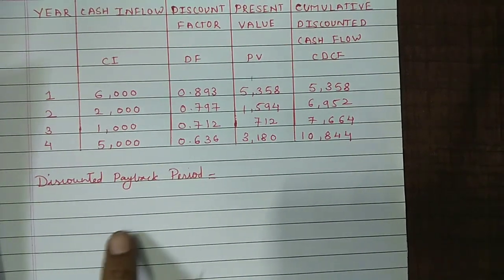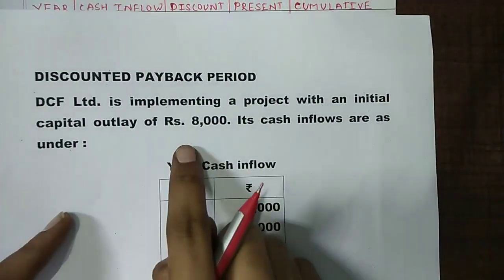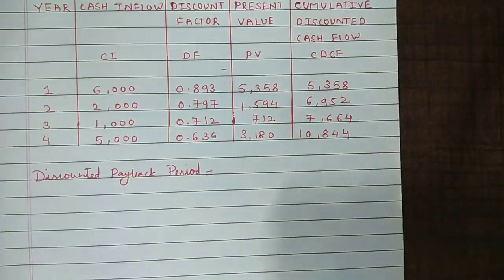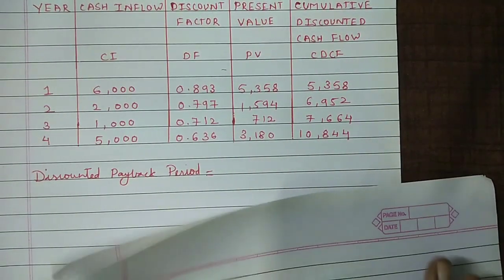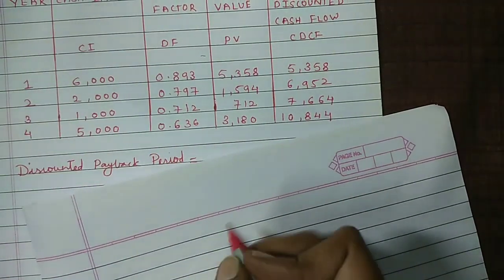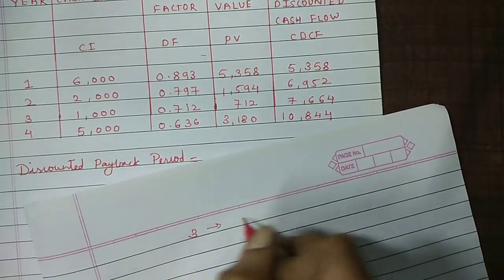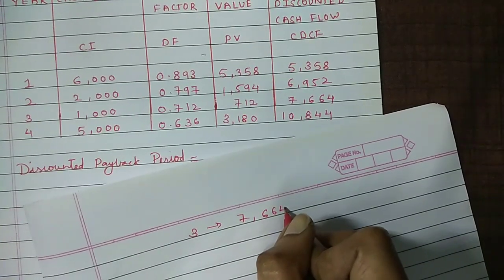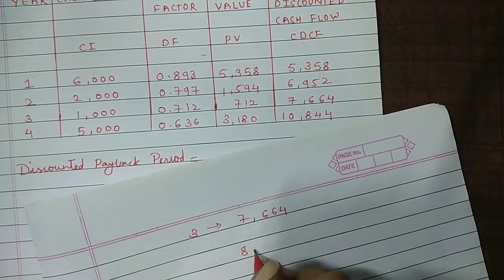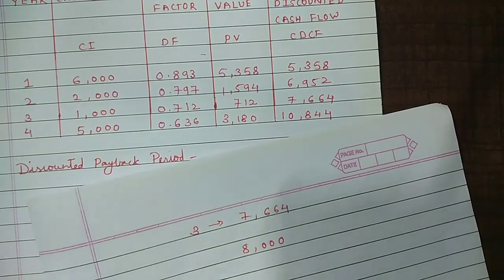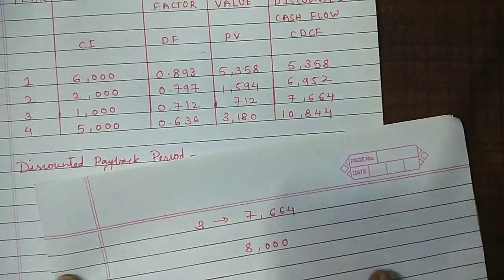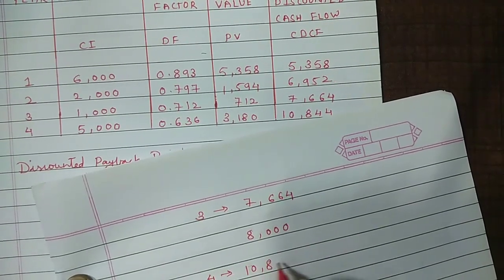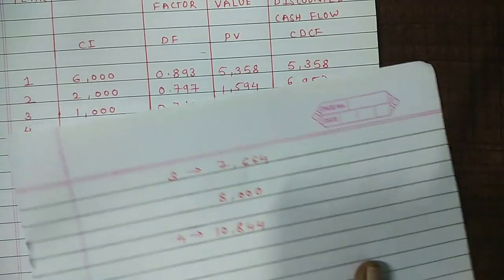Okay, so now the discounted payback period, the initial investment was rupees 8,000. Now over here, at the end of the third year, we have recovered an amount of rupees 7,664. The initial investment was rupees 8,000, and in the fourth year the amount is higher, that is 10,844.